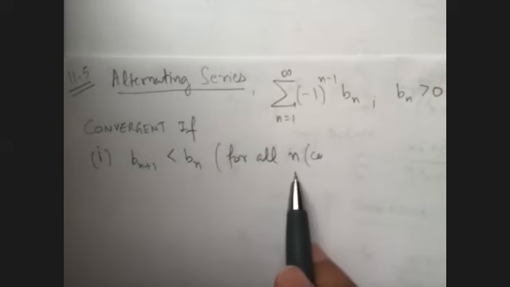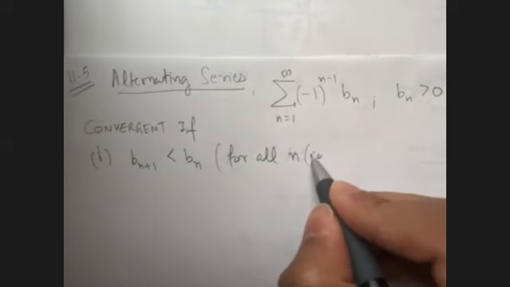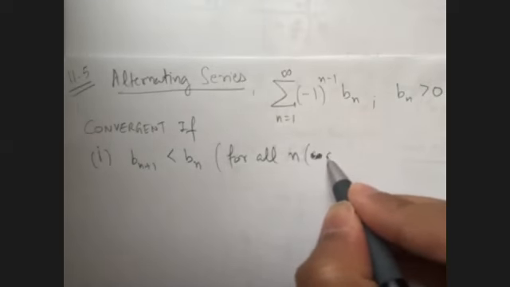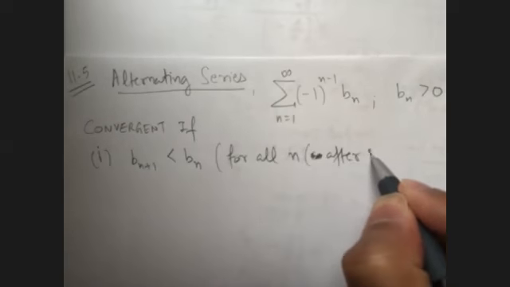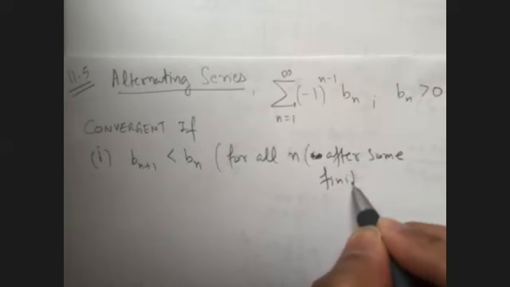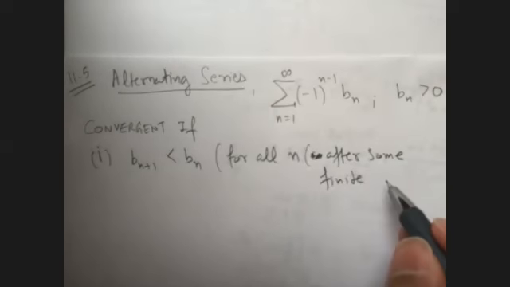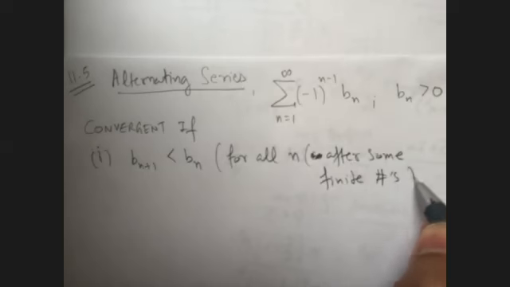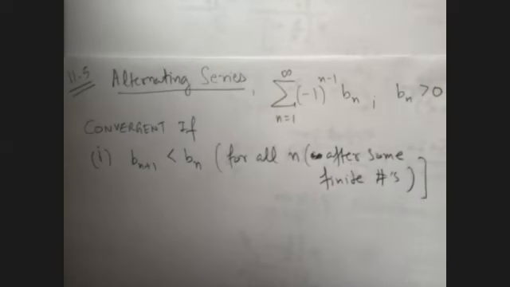So it may not be from n equal 1. Some finite numbers. This should be true for all n starting from say 1, 2, 3 or any.